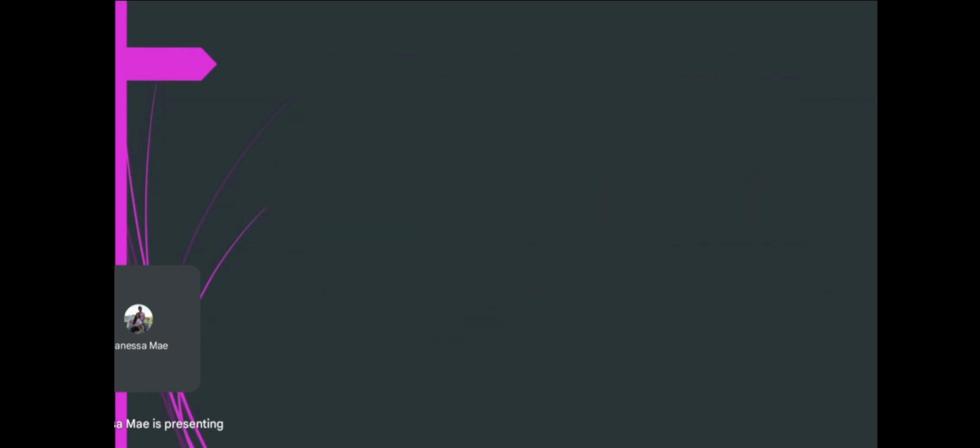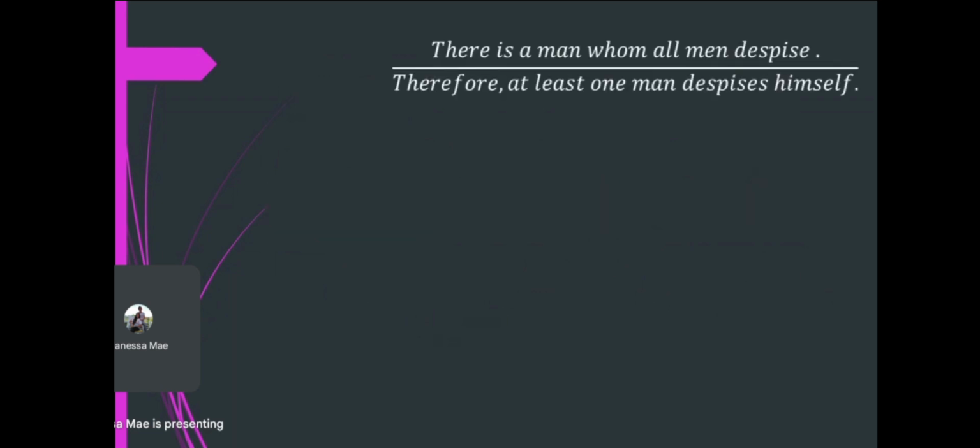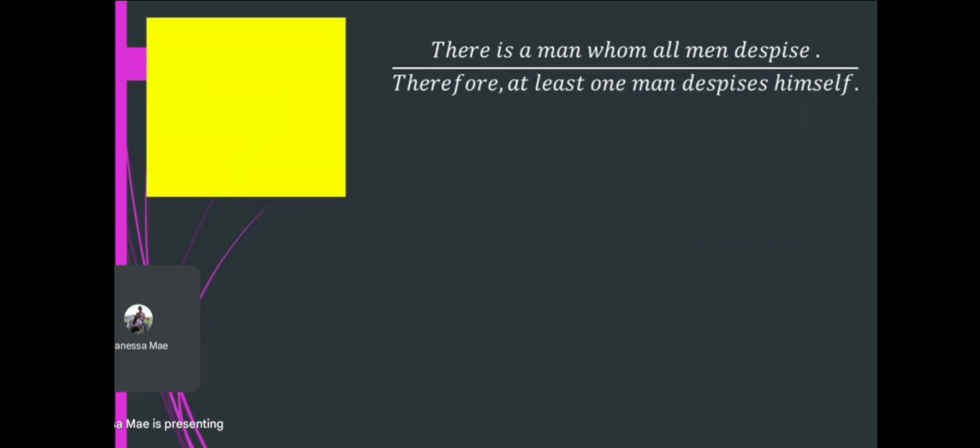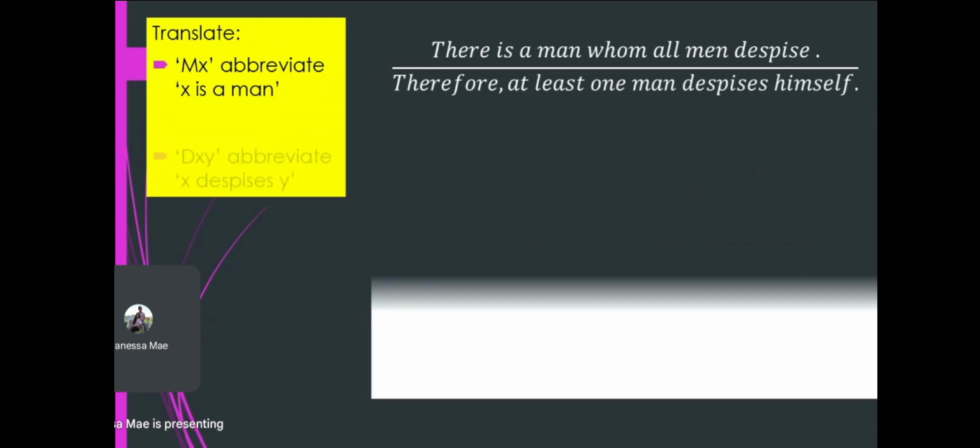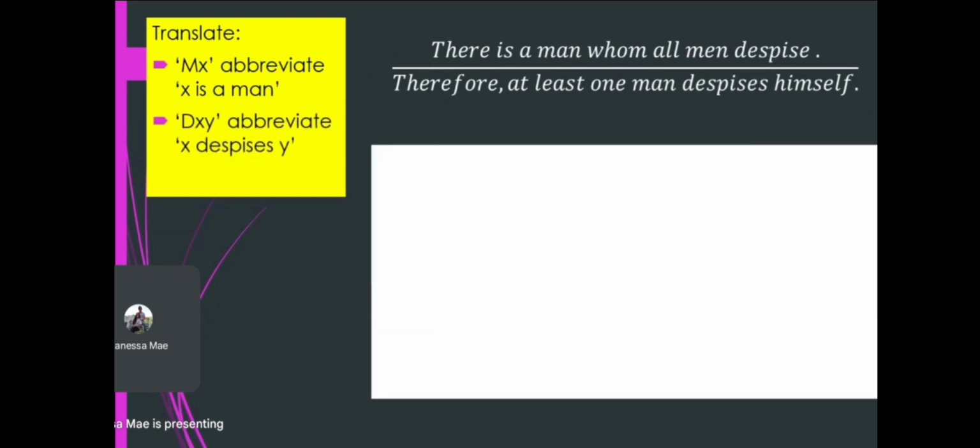So let's have more examples. Here: there is a man whom all men despise. Therefore, at least one man despises himself. Before that, we must express the translation. Use mx to abbreviate x is a man, and dxy abbreviating x despises y.